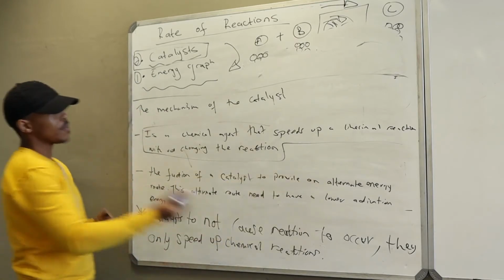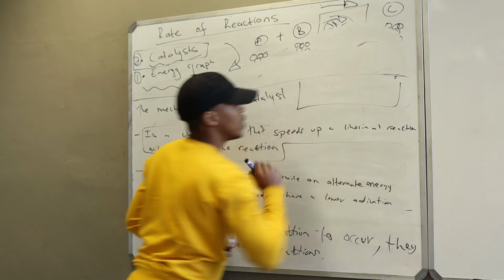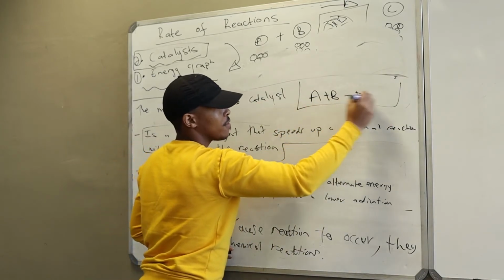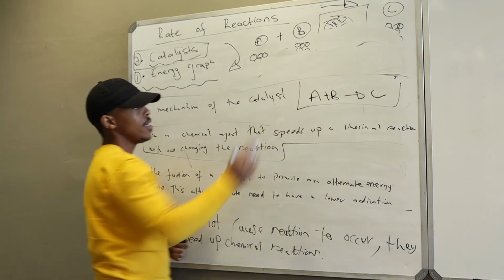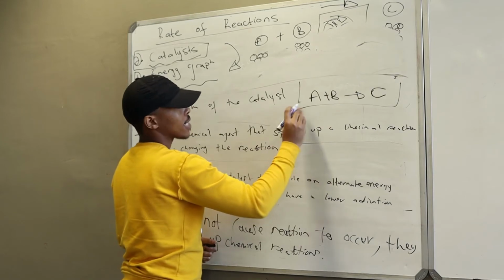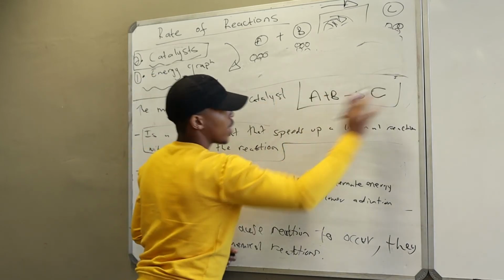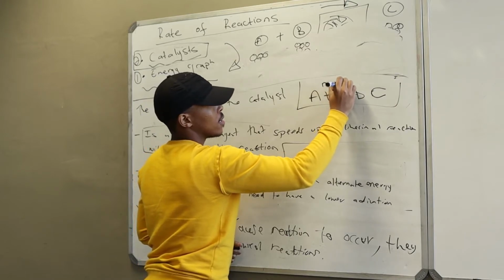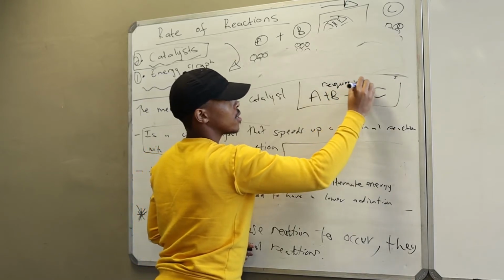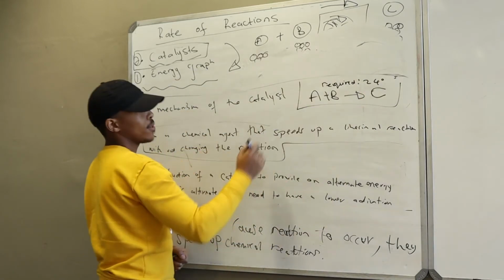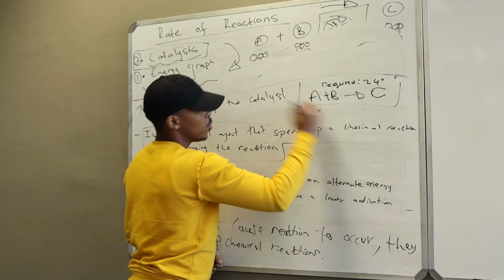So you can't have a reaction, A plus B will give you C. Okay? Cannot have a chemical reaction, A plus B will give you C, at a lower activation energy than this reaction. Let's say the required temperature is 24 degrees Celsius, and then you have this chemical reaction at 22 degrees Celsius.